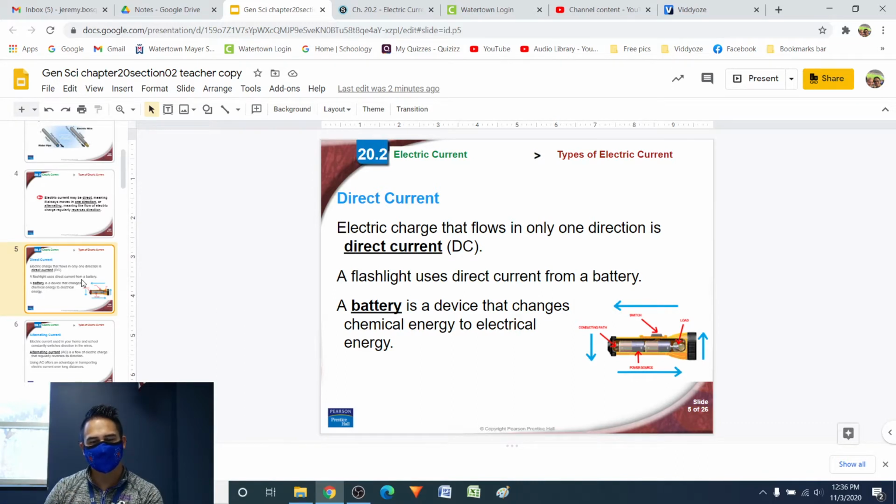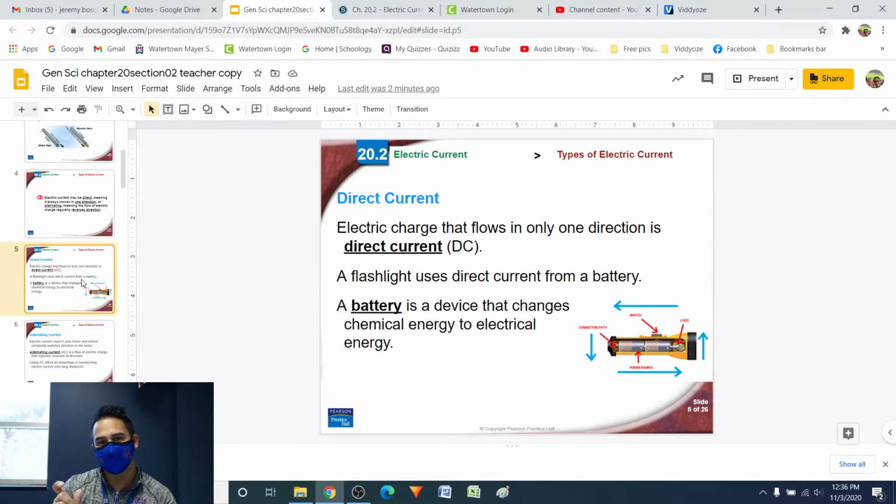The reason we know that batteries have direct current is because if you put batteries in a flashlight or a remote control and you put them in wrong, and I'm sure all of you have done this before, you don't know which way they go because maybe they're not labeled, and you flip it in this way and try to turn it on and it doesn't work. And you're like, oh, I've got to flip it around and put it in that way. That's because the charge has to move in a specific direction within that object.